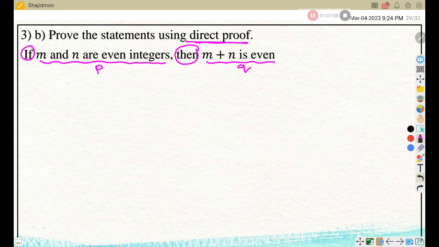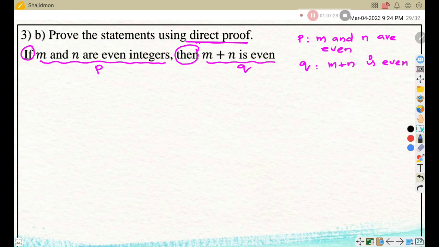Okay, so we will start. So P, m and n are even integers. Q, what is Q? M plus n is even, correct? M plus n is even.